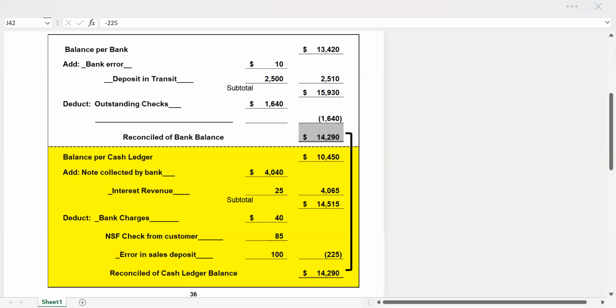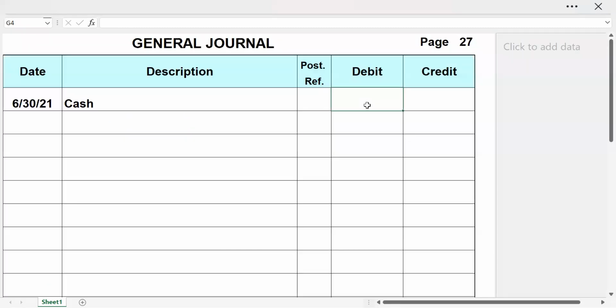Going back to our bank reconciliation, how much was cash debited for? Our cash was actually debited for $4,065. So we're going to debit cash $4,065.